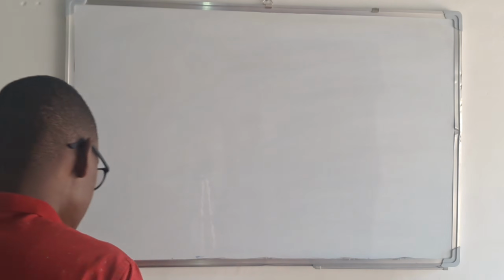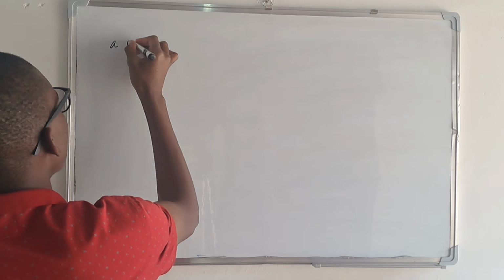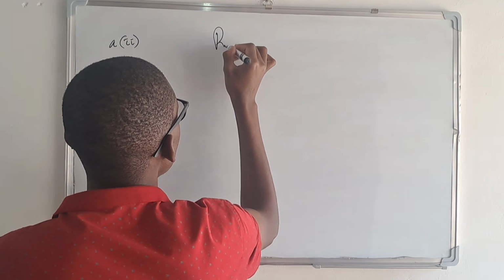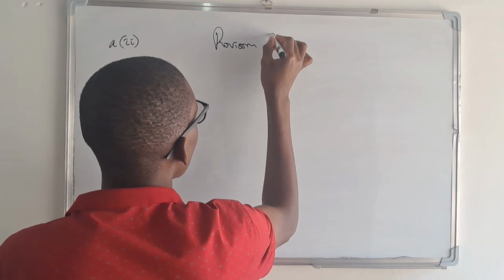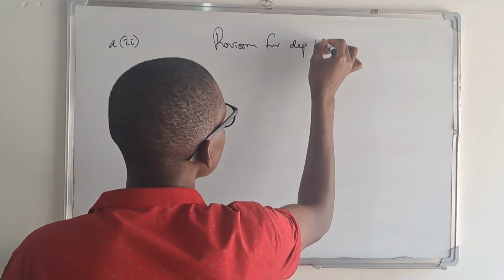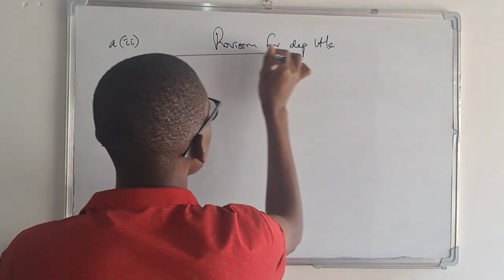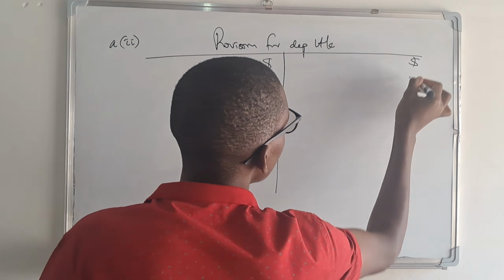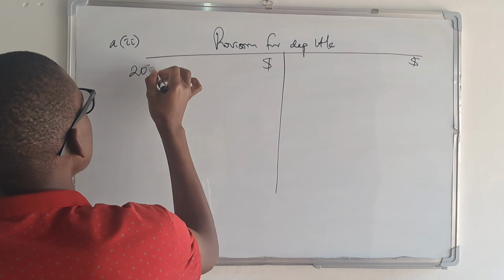Without wasting much of your time, we are now looking at what we are required to do. You are required to prepare the provision for depreciation account for motor vehicles. Remember, you record the dates. It will be 2016.